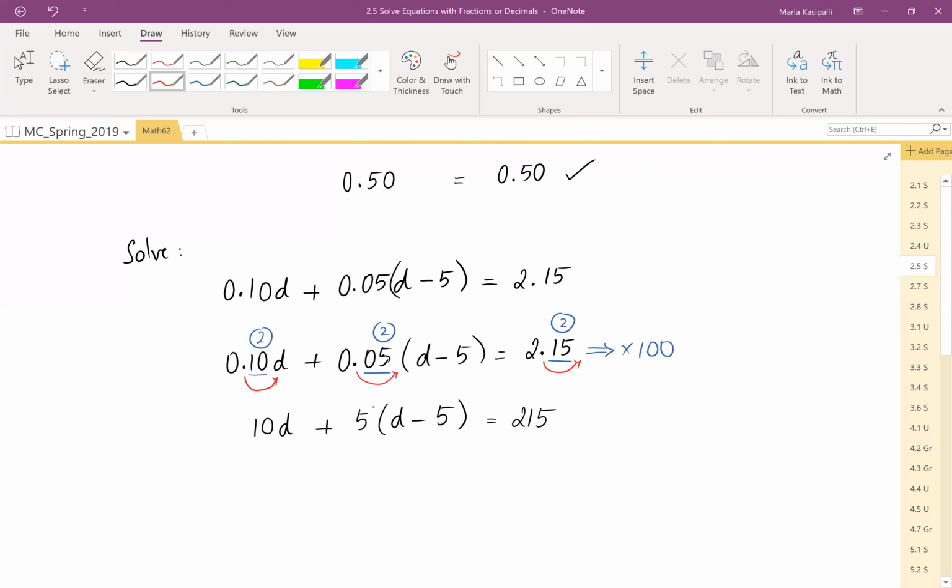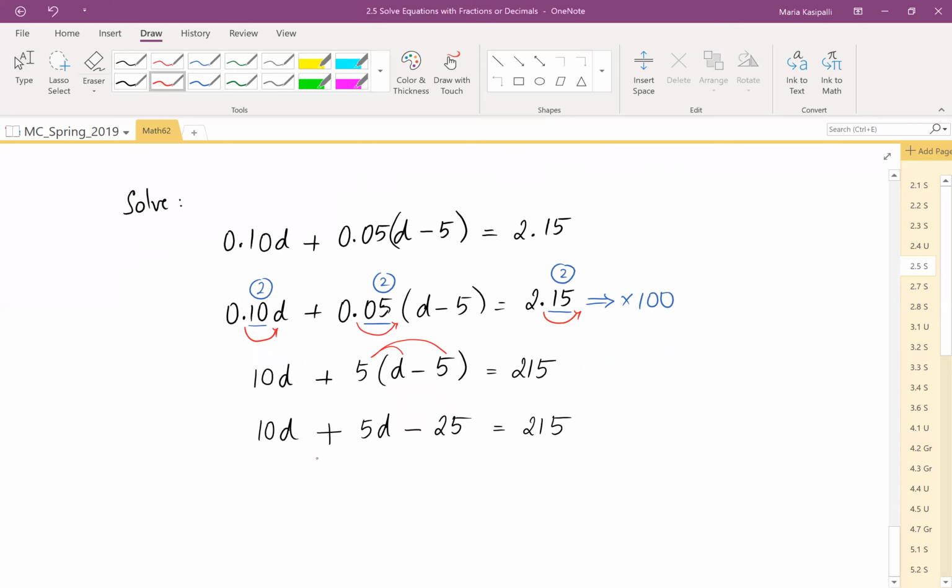Now we're ready to distribute because that's a breeze. 10D plus 5D minus 25 equals 215. And we combine the like terms on the same side. Those two are like terms. They happen to be right next to each other. That's 15D minus 25 equals 215.